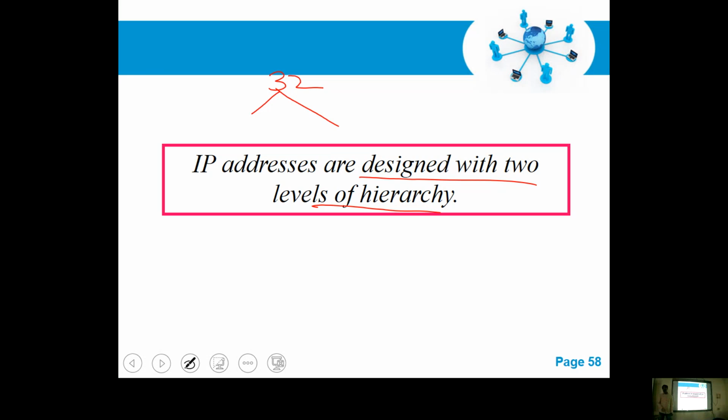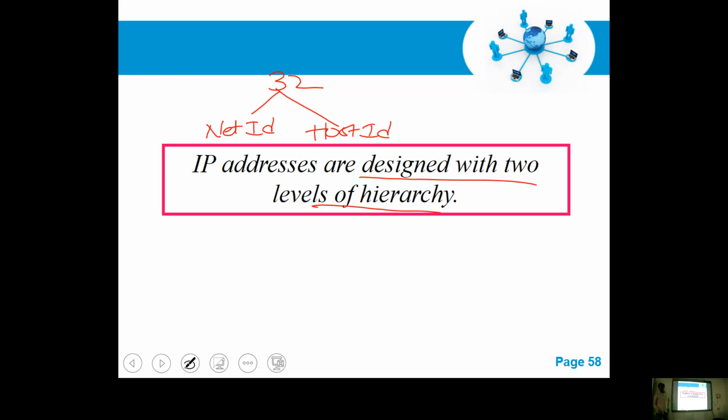How are we approaching the first byte 255, on what basis? You remember network ID, host ID? Yes, so the 2 levels we have are network ID and host ID. Whatever masking we have, we get from that only, right?